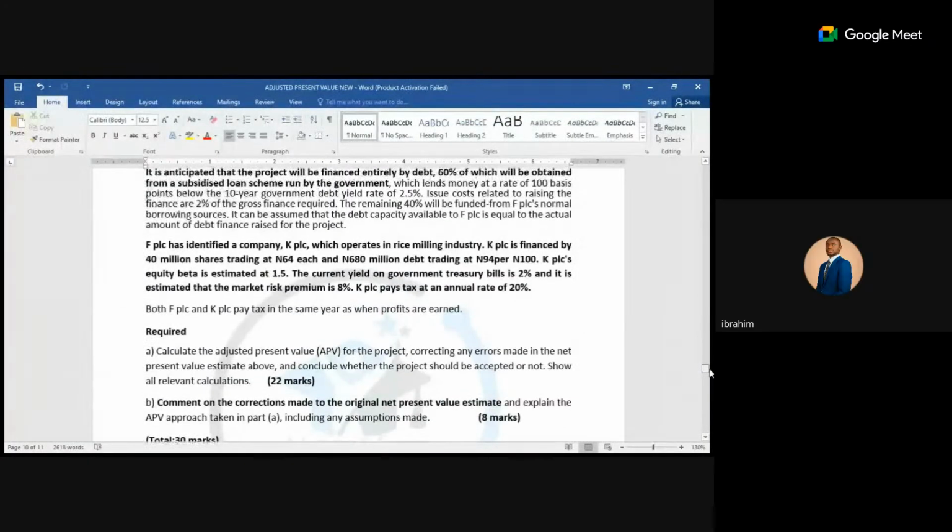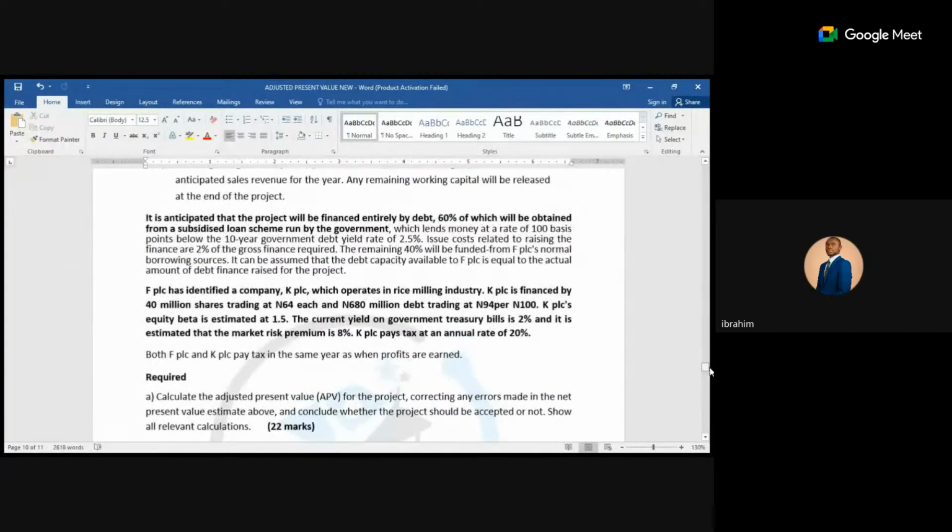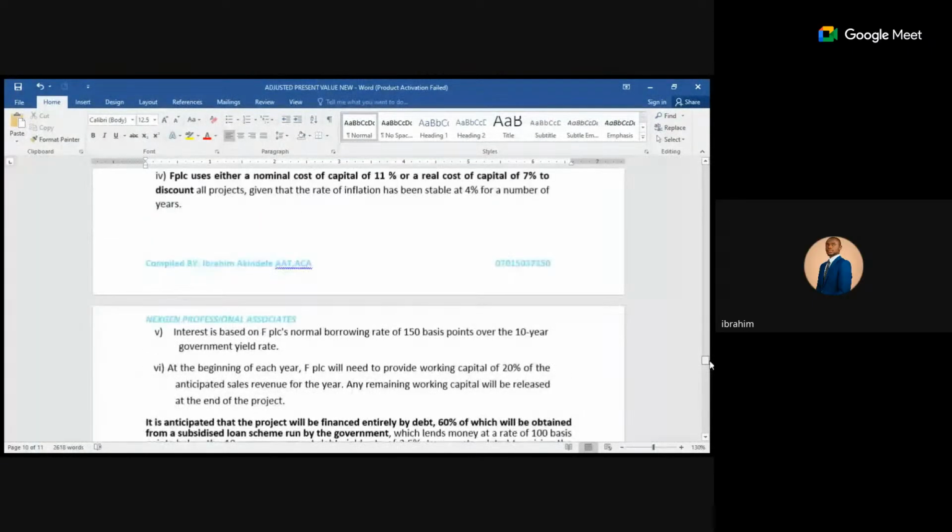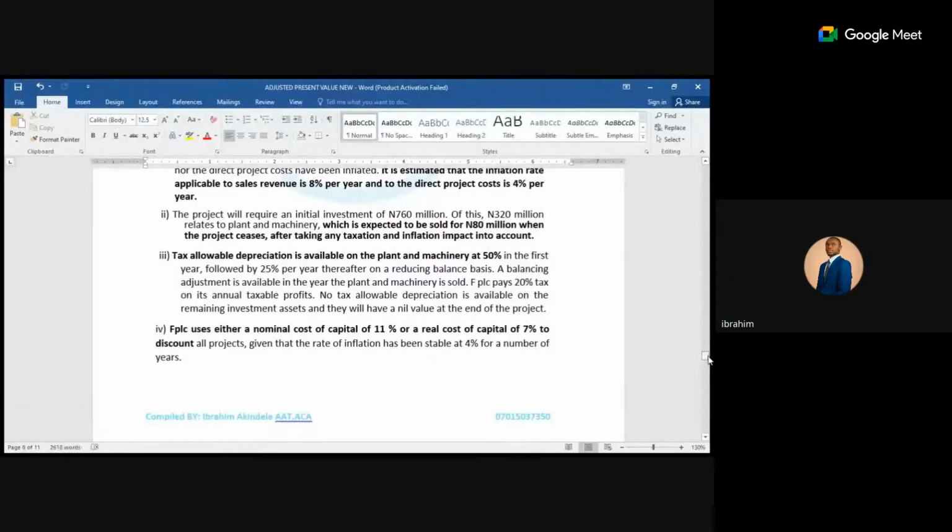Class, it is of no use because this is base case NPV. You can only use it when you want to determine your normal NPV without base case. That is when you will use 11% to discount it. But because we are calculating base case, remember, this is adjusted present value.